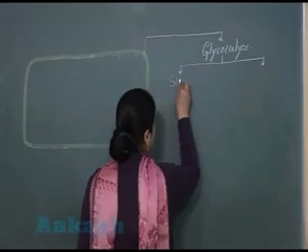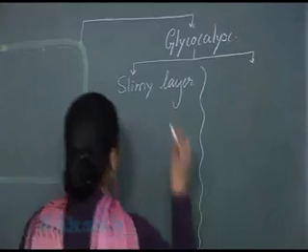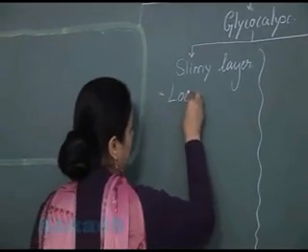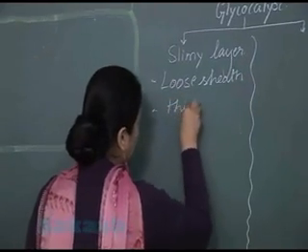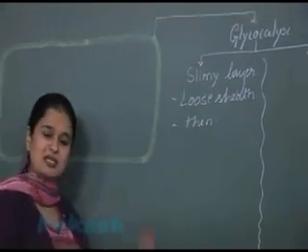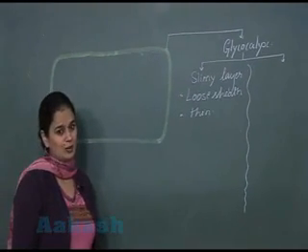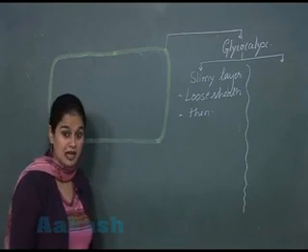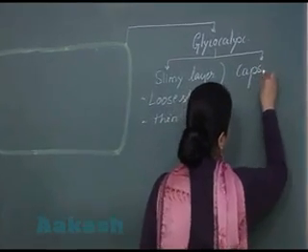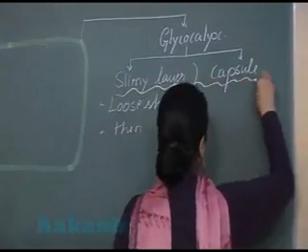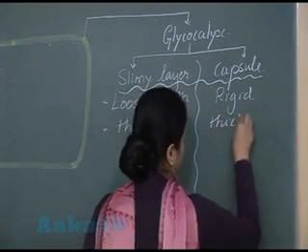So the first category is the slimy layer, in the form of a loose sheath, gelatinous, forming a thin layer. But sometimes the glycocalyx is rigid and thick. When the glycocalyx is rigid, forming a thick layer, it is known as capsule. So the second category is capsule.